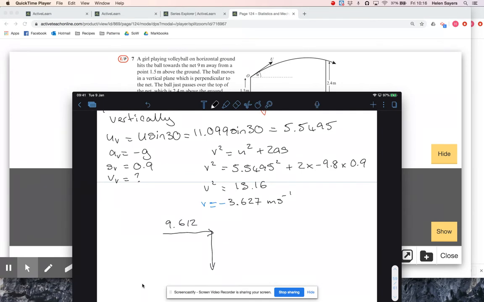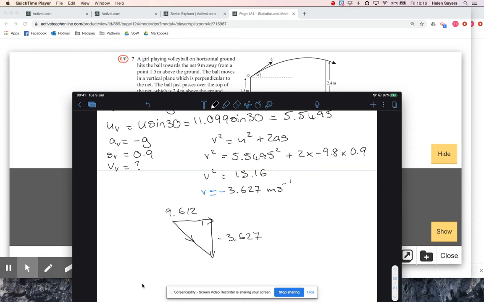The vertical velocity we've just worked out is down 3.627. So what they actually wanted, the speed, which is going to be the magnitude of the velocity, is just going to be Pythagoras. So speed squared is 9.612 squared plus minus 3.627 squared.